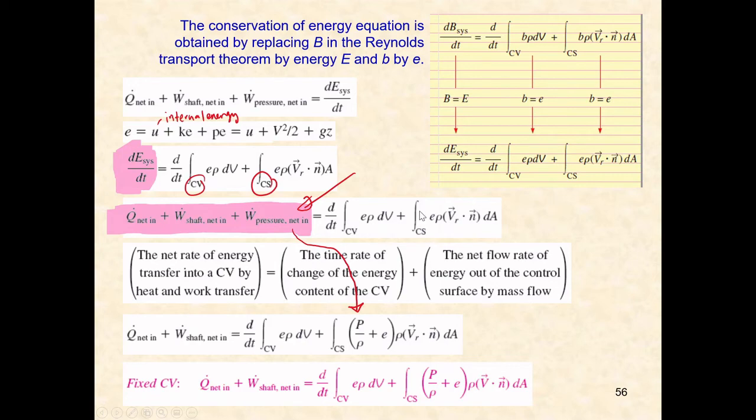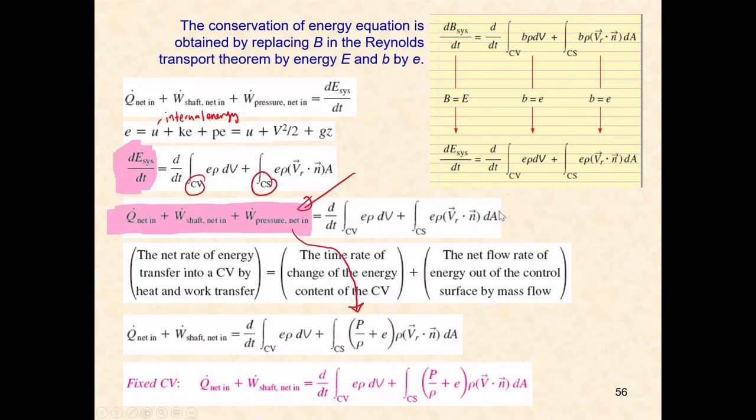So you have mass entering the system as well as mass leaving the system. The CV refers to the control volume, the store of mass and the store of energy in the system, and this mass can enter and leave the system. That's why you have a control surface, for entering and leaving.